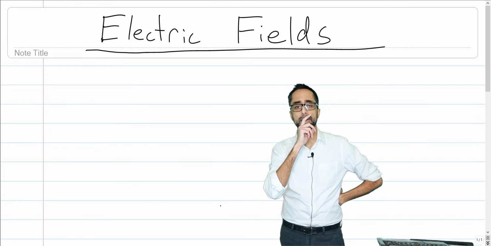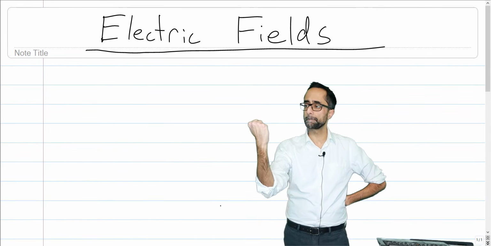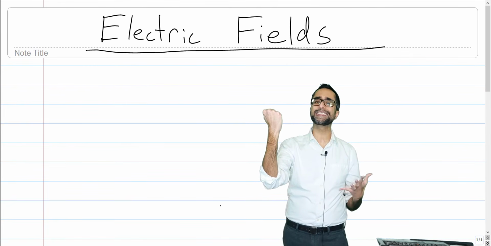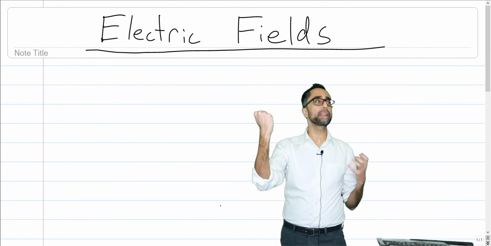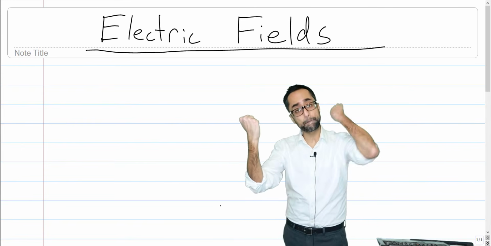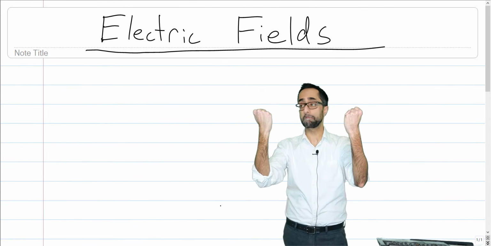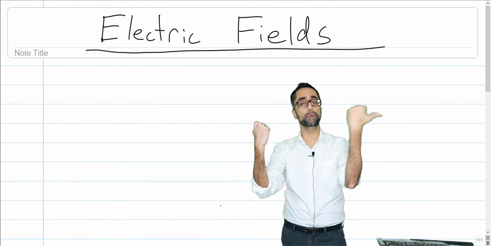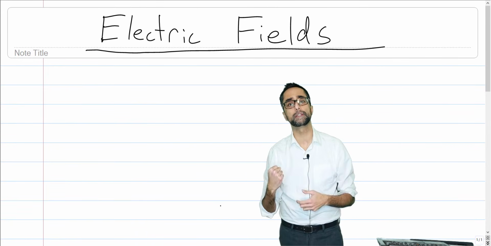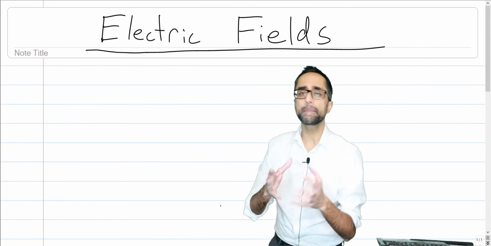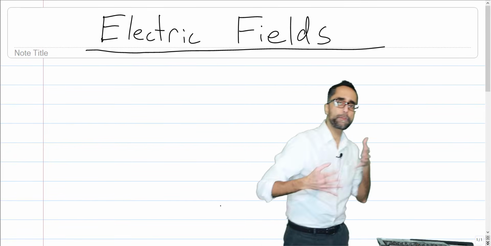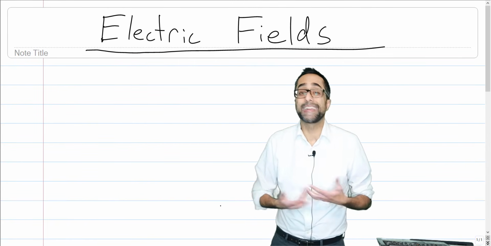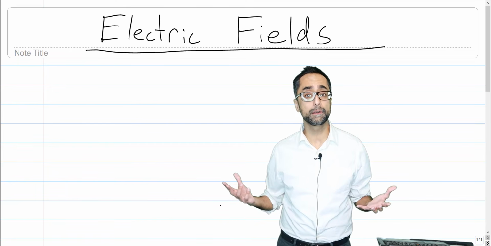If I have a charge here and there's empty space around it, is there anything there that eventually, if I put another charge into the space around this one, now this one feels a repulsive force in that direction? What is the mechanism of the force? And if there isn't another charge there to feel the force, is there anything there?